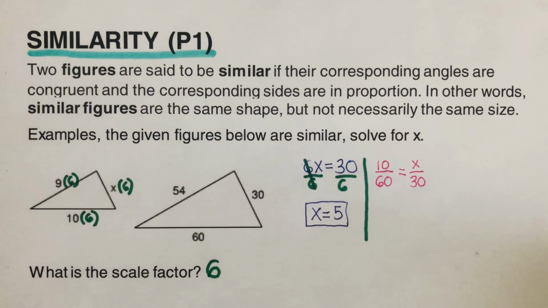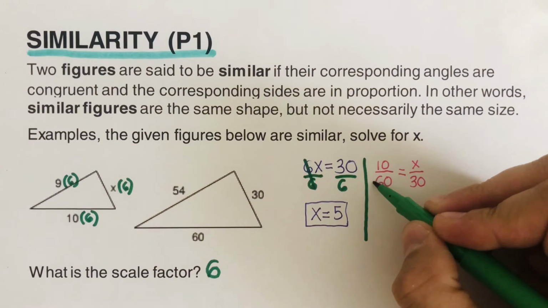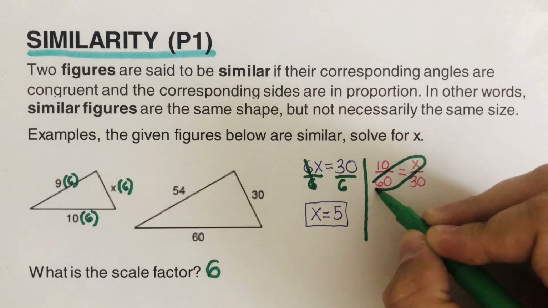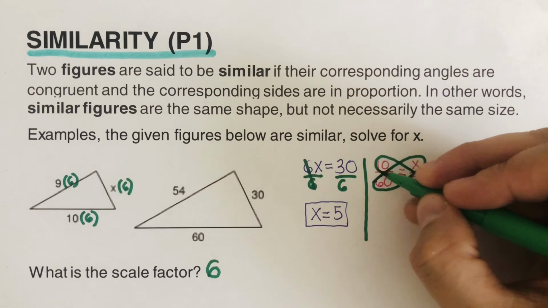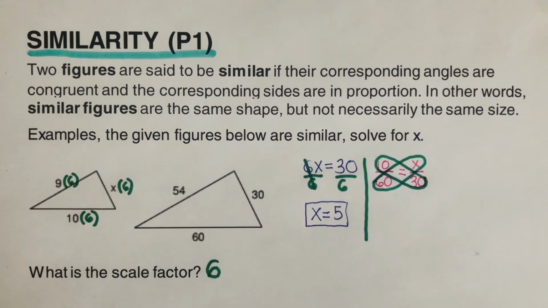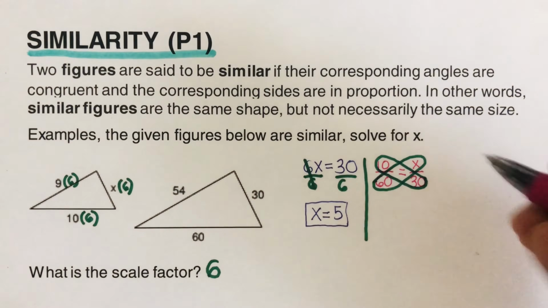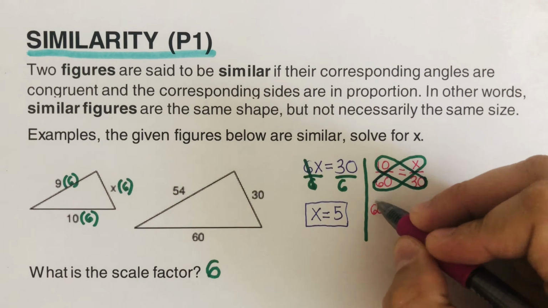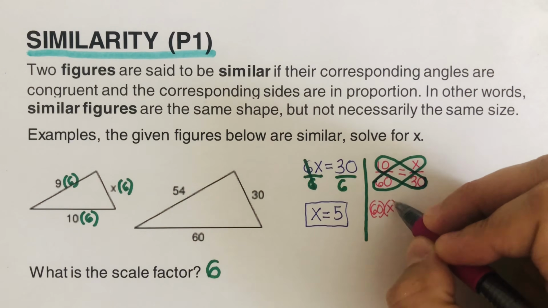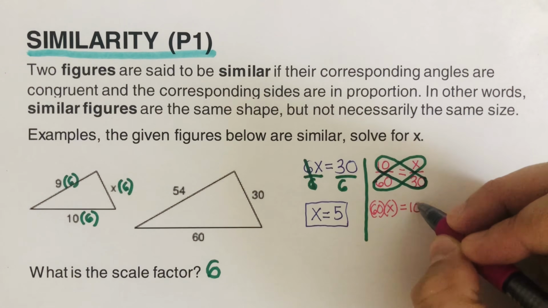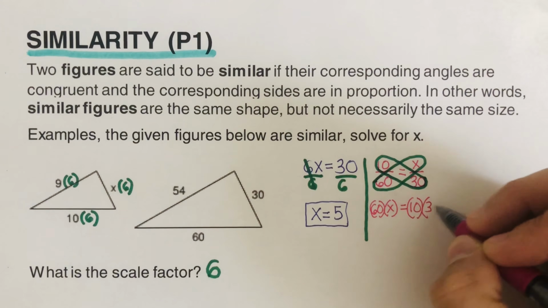From here, we can cross multiply this. So that would be 60 times x and 30 times 10. So we can set that up. So that would be 60 times x is equal to 10 times 30.